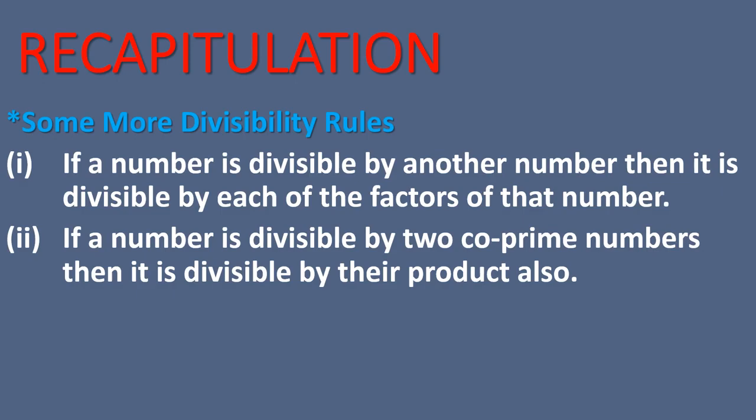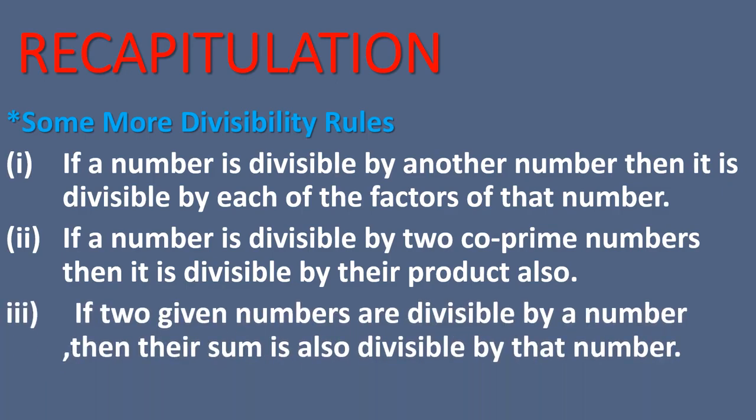Third rule is, if two given numbers are divisible by a number, then their sum is also divisible by that number. Let's see the example. I am taking two numbers 20 and 44.